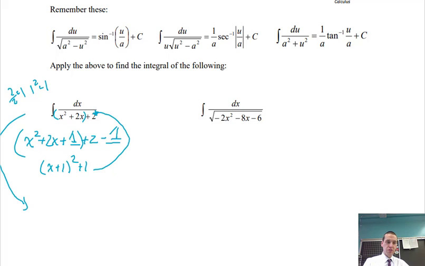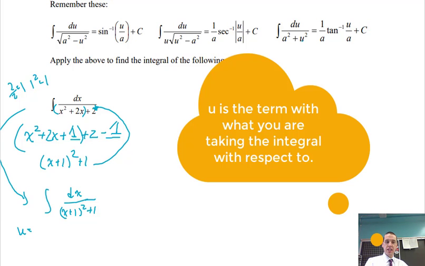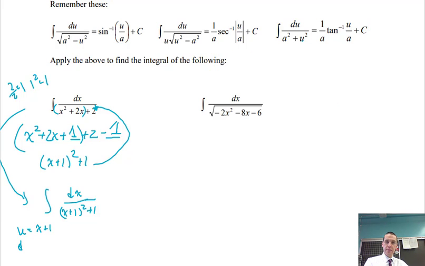So I'm going to now rewrite the integral of dx over x plus 1 squared plus 1. Now I sit here and say, which one of these is like that? Well, because I have no square root, I know it's tangent. So I'm going to let u be x plus 1, the term with the x, and a be 1, because u squared does give you x plus 1 squared. du does equal dx, it's a good thing.